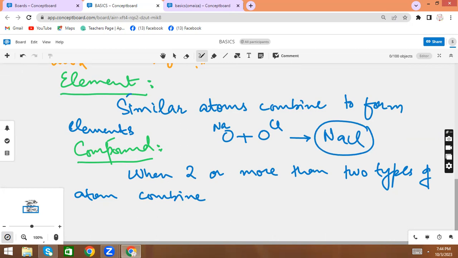Okay, so they have two different kinds of atoms in them.